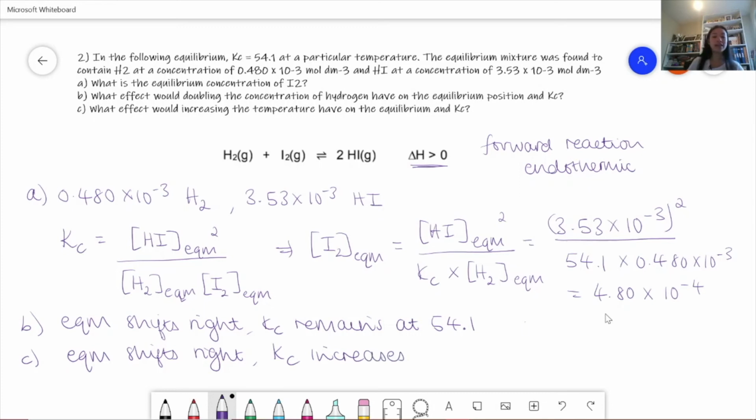Because Kc is the concentration of products over the concentration of reactants, if the products have increased, this whole fraction will be a lot bigger. So the Kc has increased.